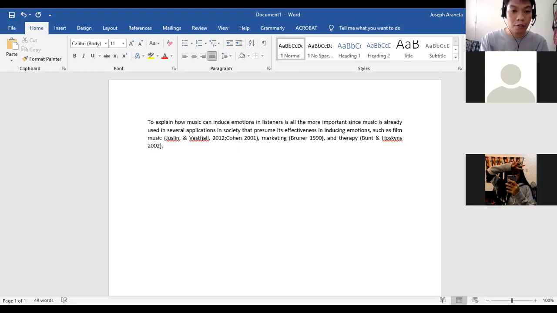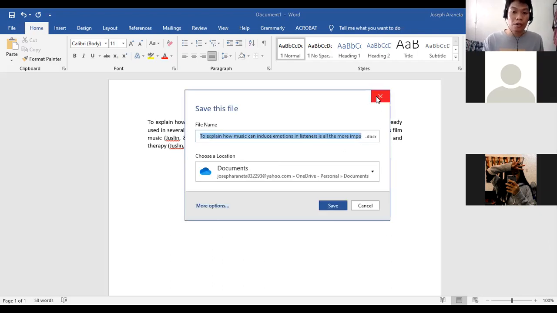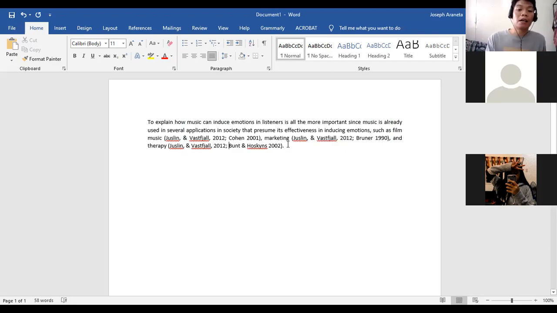Halimbawa, 2012 siya. Meaning na-update nimo ang related literature. So, ana mag-in-text citation para ma-update ang related literature. So, kini sila, secondary sources na ni sila.